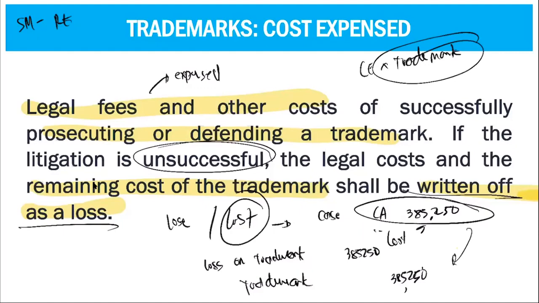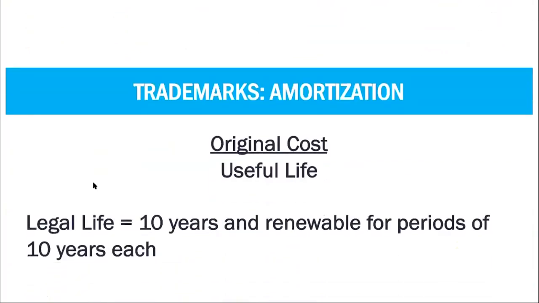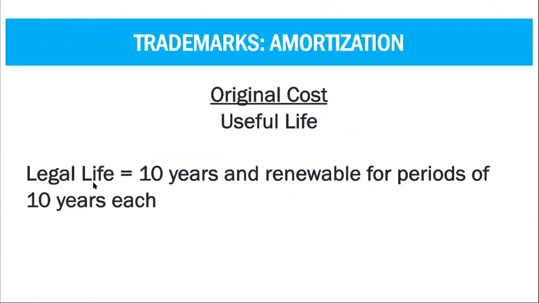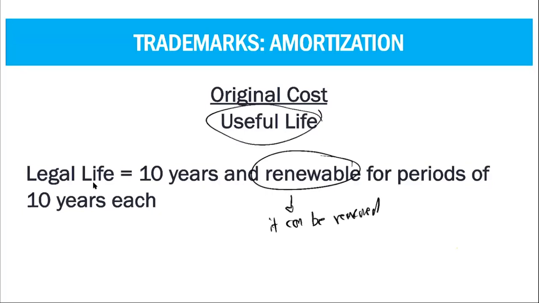We go now then to your subsequent measurement as to your amortization. So how do we amortize your trademark? It is original cost divided by useful life. And the legal life is 10 years and renewable for periods of 10 years each. So the problem here is it can be renewed. Since it can be renewed, normally, what we do is we only use the useful life.